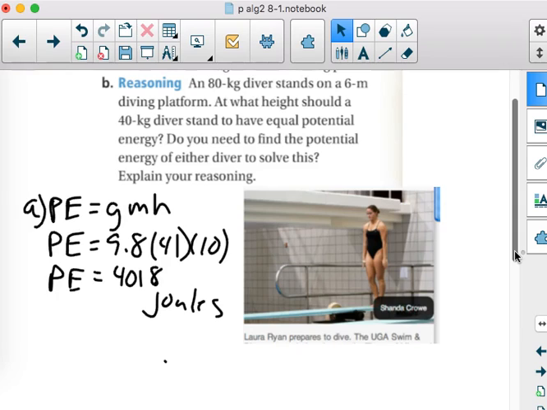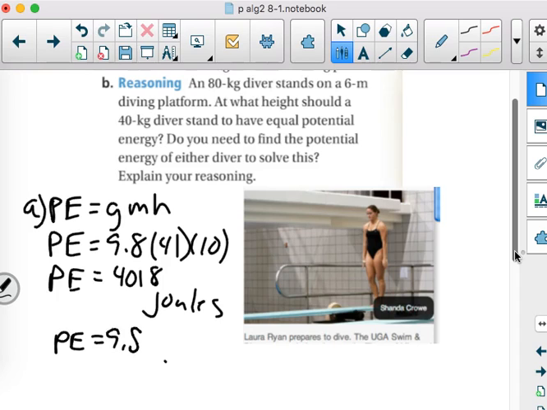B says we have an 80-kilogram diver that stands on a 6-meter diving platform. I don't even keep reading because I'm thinking to myself, so PE equals 9.8 times 80 times 6. So that would give me what I need. It says, at what height should a 40-kilogram diver stand to have equal potential energy?